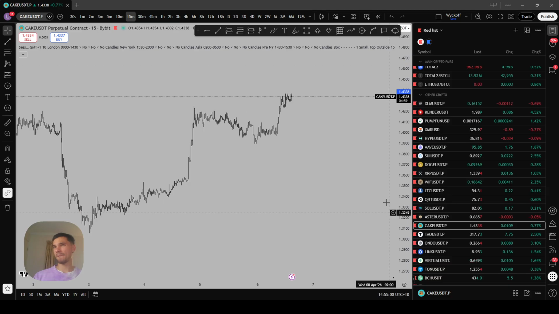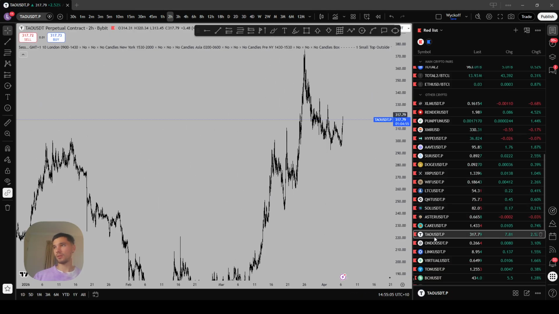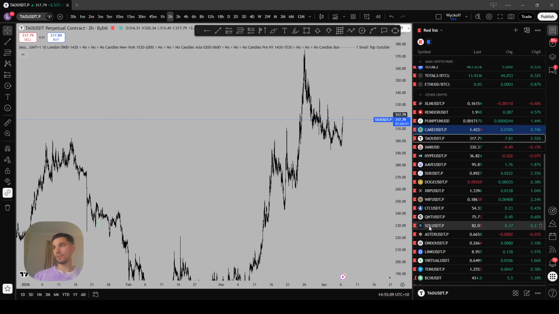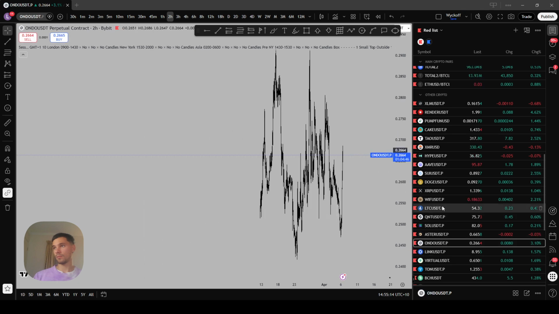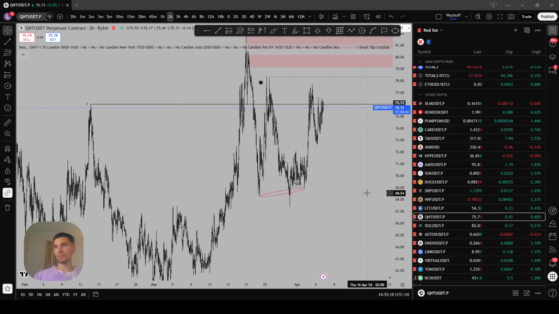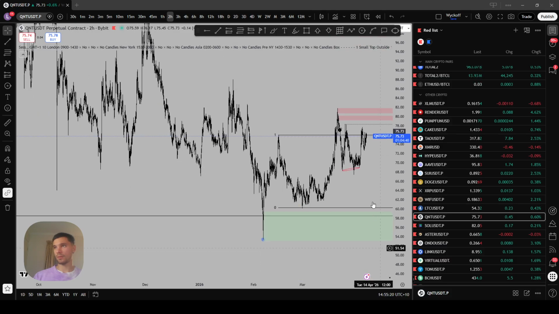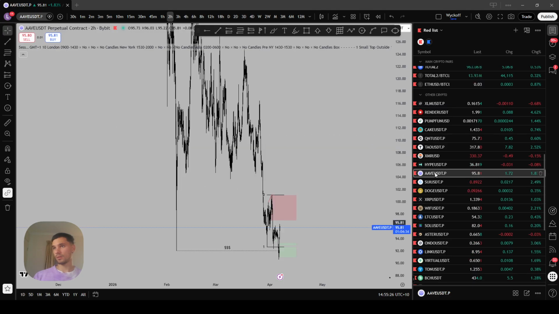We had Cake. Quant can go up. Aave as well.